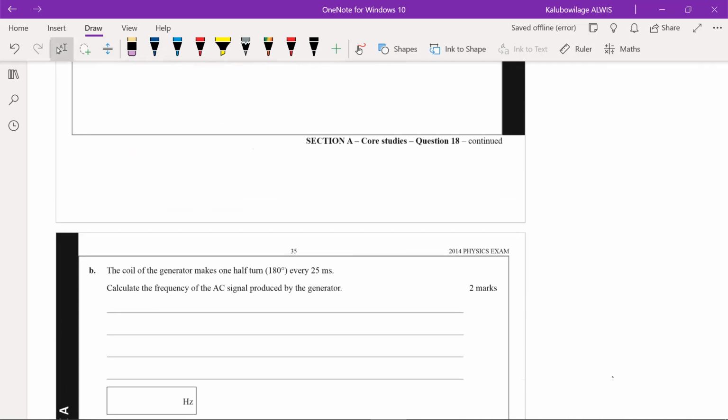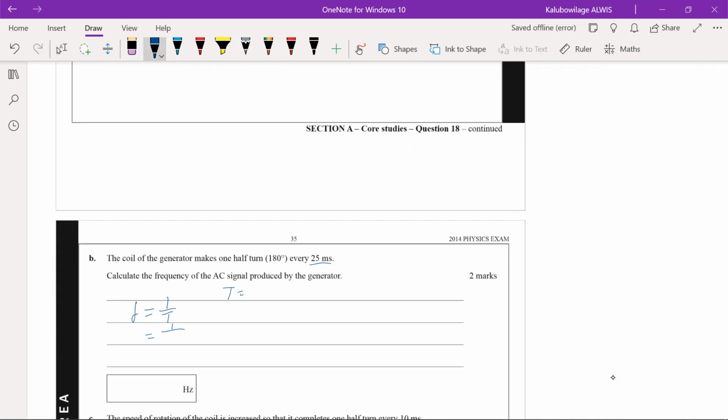Frequency is one over period. The period in this case is double the 25 millisecond period, so 2 times 25 is 50 milliseconds. Frequency is then 20 hertz.